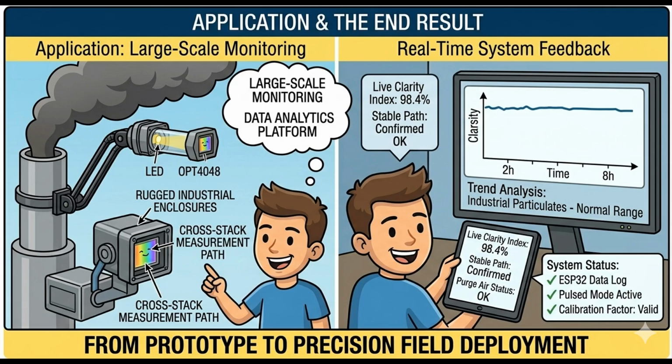Transmissometers have been used for decades. It's not a term you use often. However, if you want to measure smoke, if you want to measure fog, you can use a transmissometer. I was building these in the 1980s, and I was using a photoresistor.